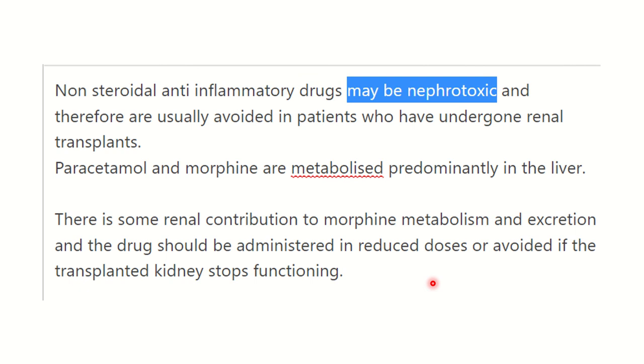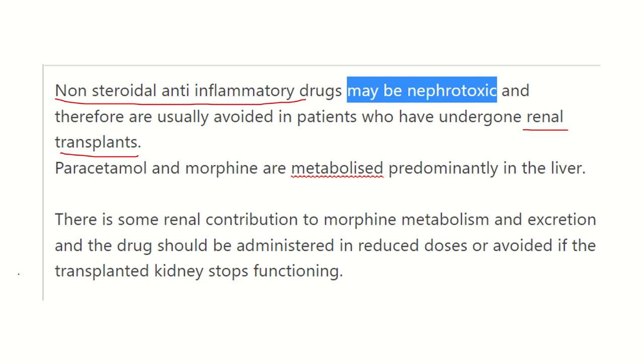Here we can see the explanation: non-steroidal anti-inflammatory drugs, or NSAIDs, may be nephrotoxic and therefore are usually avoided in patients who have undergone renal transplant. So in case of a renal transplant patient, we have to avoid NSAIDs to give a kidney friendly environment to the patient.